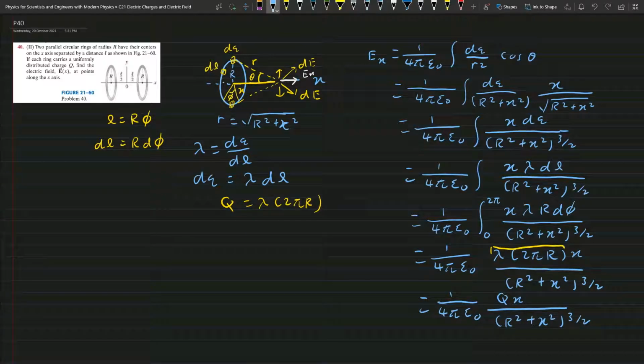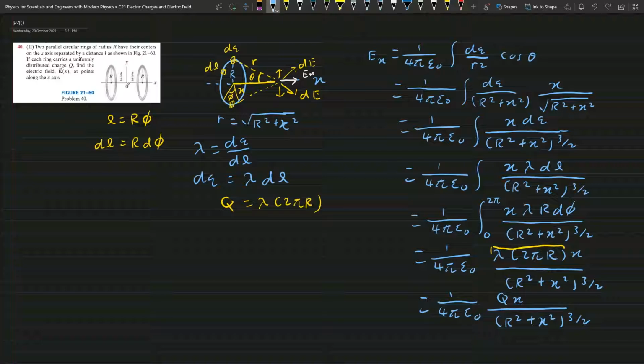Now we only solved for one ring. We have two rings, and in this derivation, we actually treat this point here, the center of a ring, to be the origin.